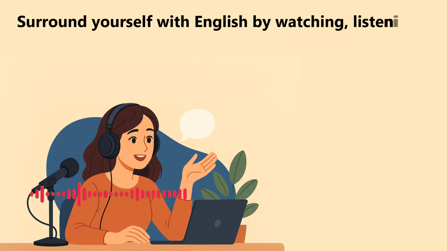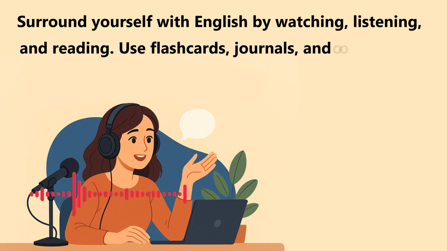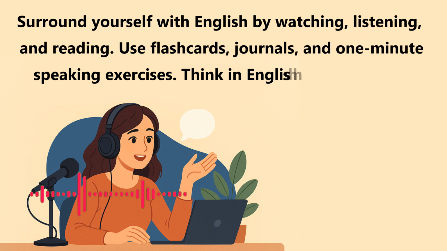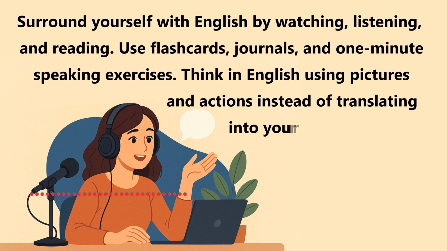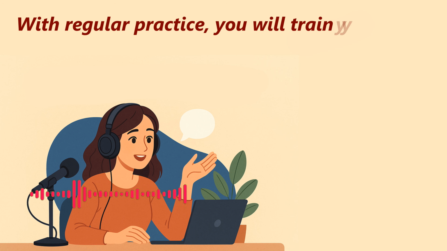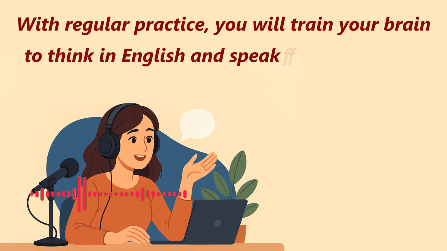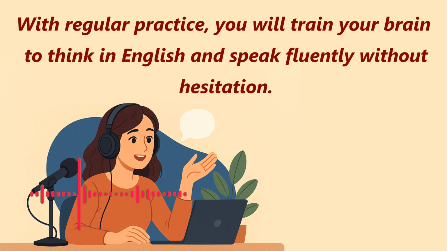Surround yourself with English by watching, listening, and reading. Use flashcards, journals, and one-minute speaking exercises. Think in English using pictures and actions instead of translating into your native language. With regular practice, you will train your brain to think in English and speak fluently without hesitation.